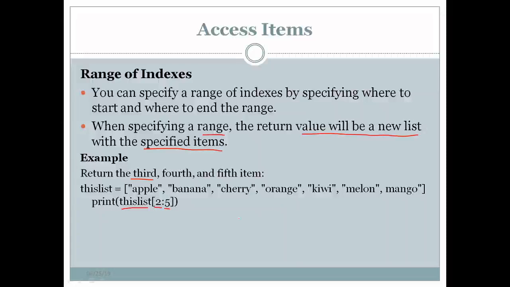So we will be having the items from the 3rd, 4th and 5th positions. So it will print the values, that is cherry, orange and kiwi. So like this we can use a range of indexes with list.